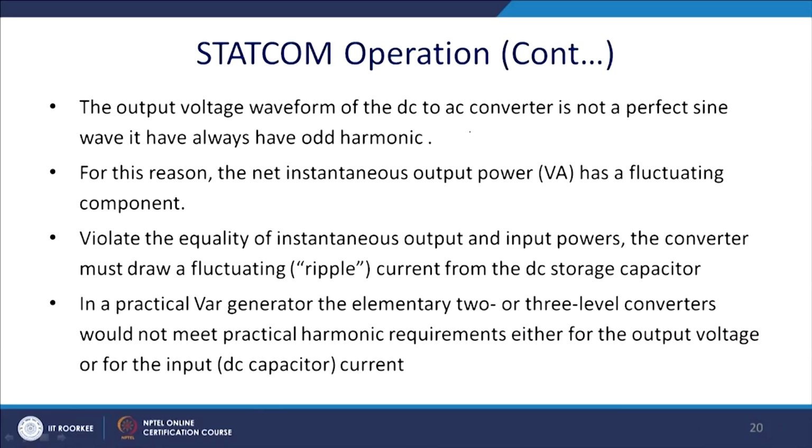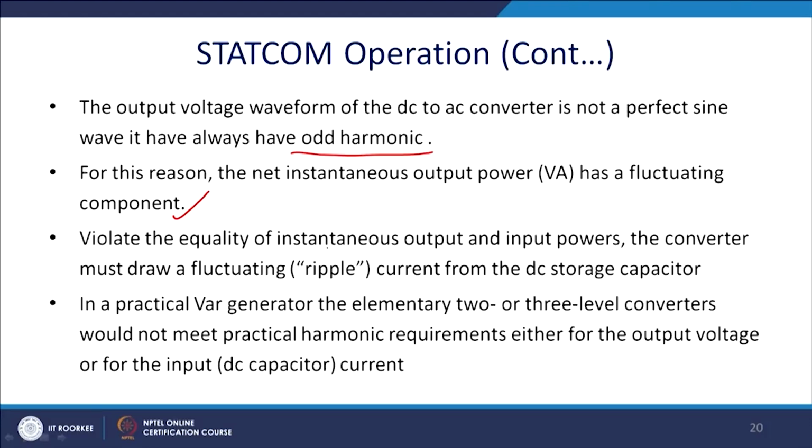And so, the output voltage waveform of the AC power is not a perfect sine wave, and it will always have odd harmonics. Depending on the symmetry, we can actually eliminate the even harmonics, but odd harmonics will be present. And for this reason, the instantaneous output power has fluctuating components.